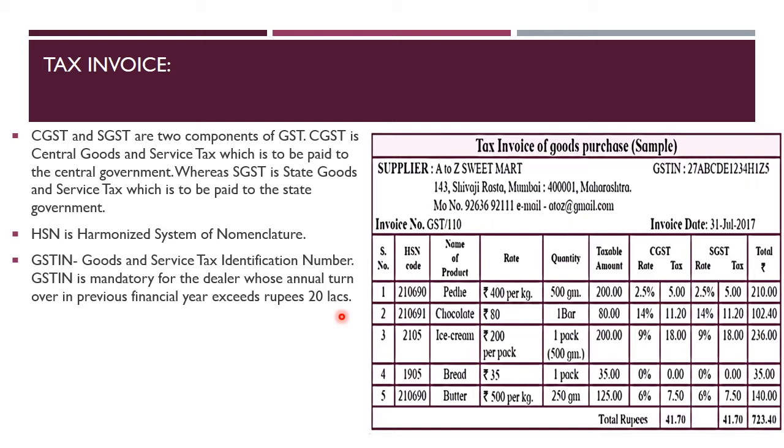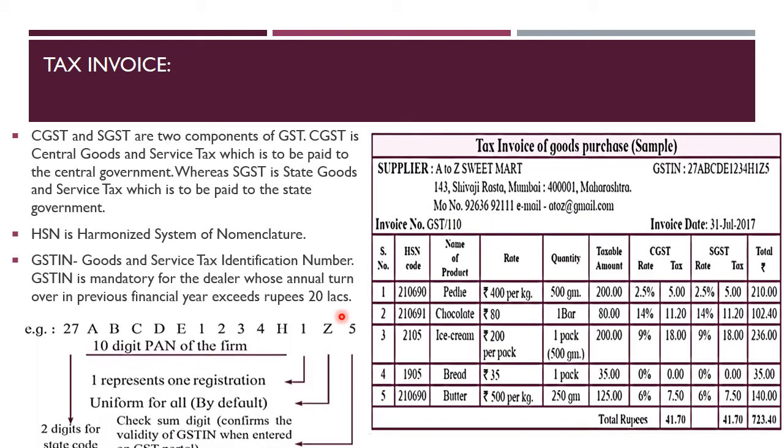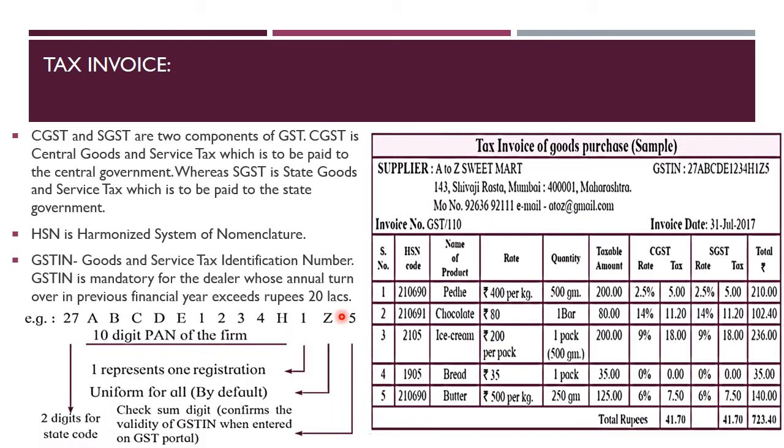It's compulsory. Okay, now what does it consist of? This number consists of 15 alphanumerals. From that, the first two represent the state code.